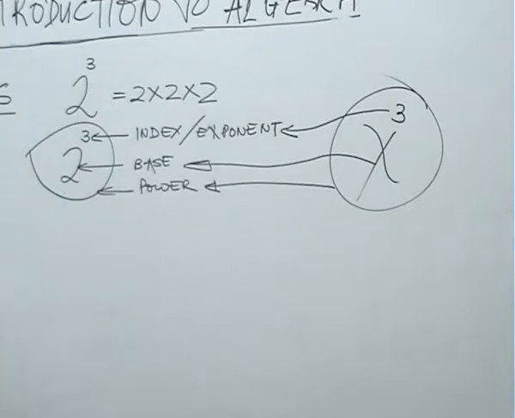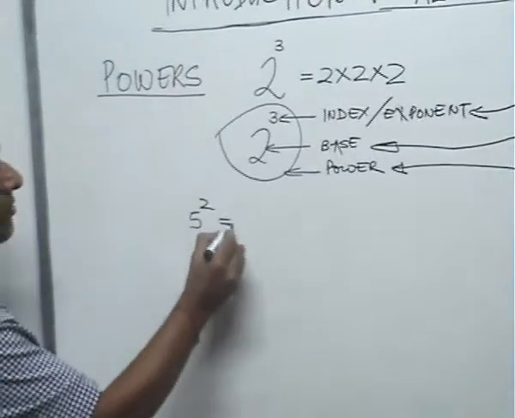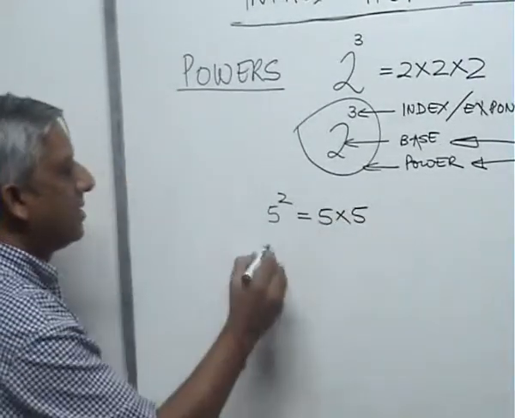So it's very important to be able to identify powers. If you take 5 squared, firstly we must understand it means 5 times 5.